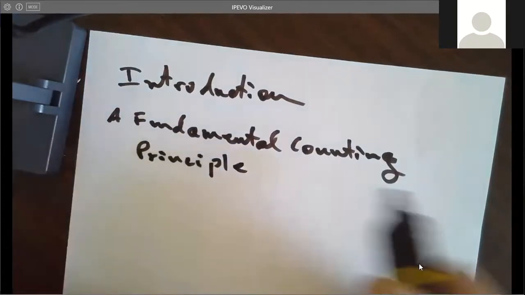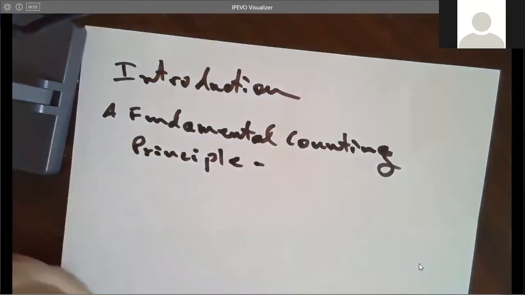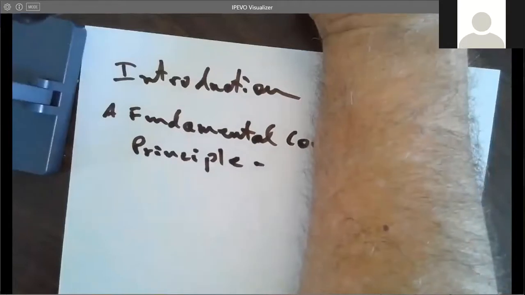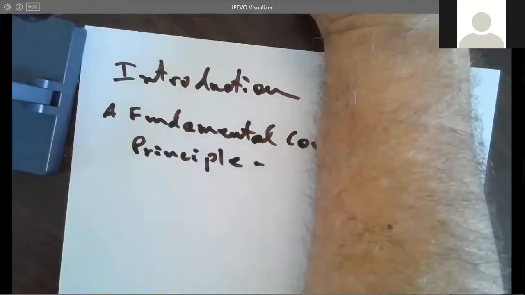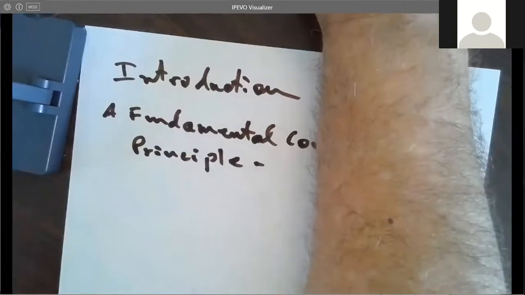Okay, and then define what that is. Well, you can look that up in the textbook, or you could also go to an online source as well.